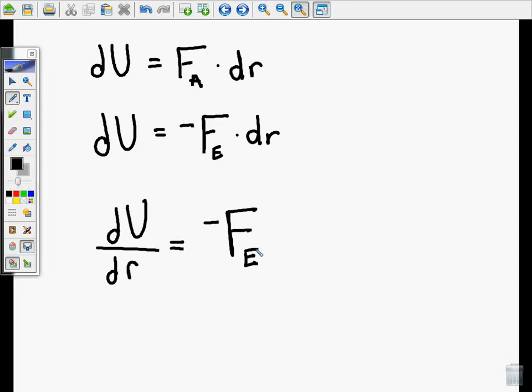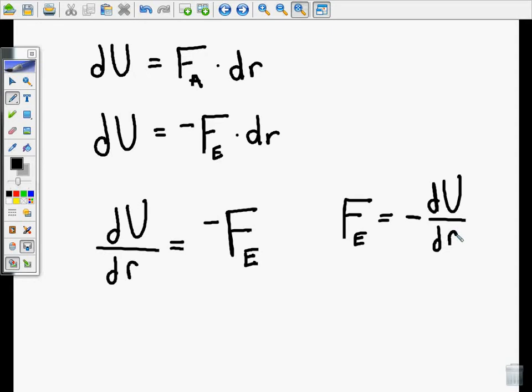I mean, this here is like the big news right here. And of course, you could write it the other way. You could say the electric force is equal to the negative of the derivative of the potential energy.